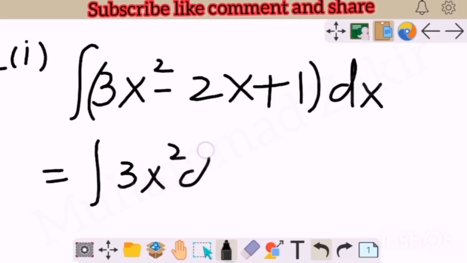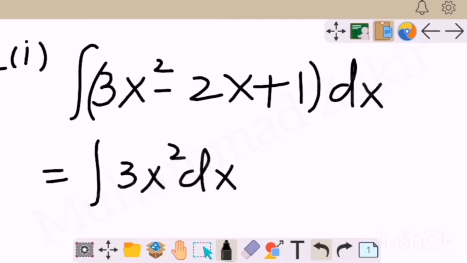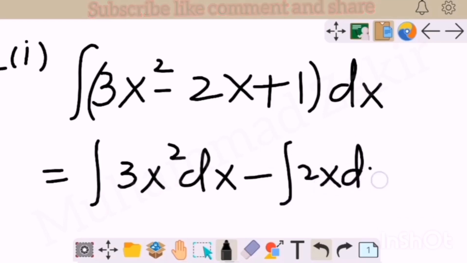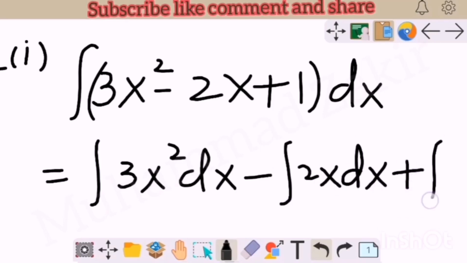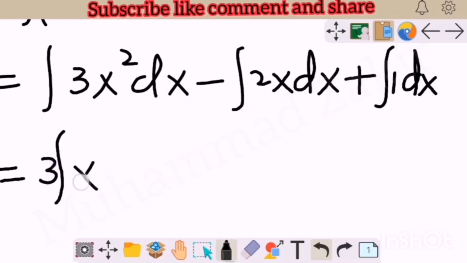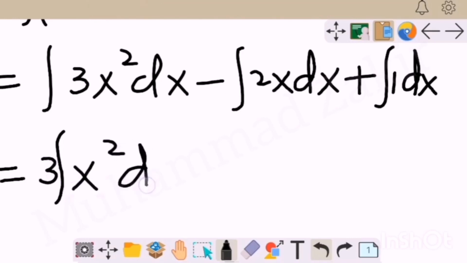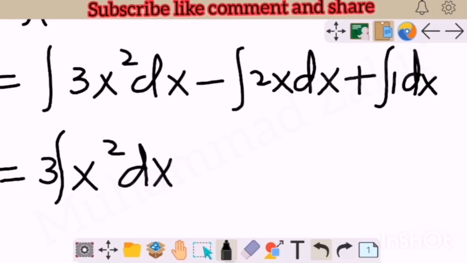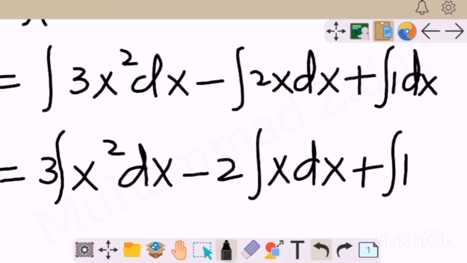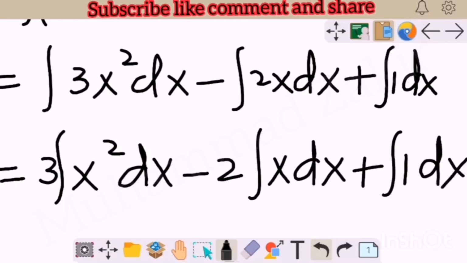Integration 3x square dx minus integration 2x dx plus integration 1 dx. Then we shift the constant coefficients outside the integration. There is no variable, so 1 remains in this form.